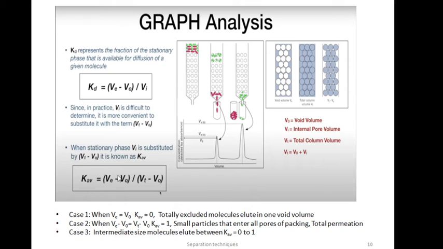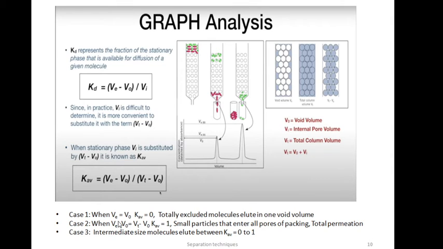VE is the same as V0, both are going to get cancelled. So 0 divided by any number is again 0. So KAB will become 0. Which means totally excluded molecules elute in one volume, the void volume. There is total exclusion. There is no separation occurring. Only one void volume is going to come out.